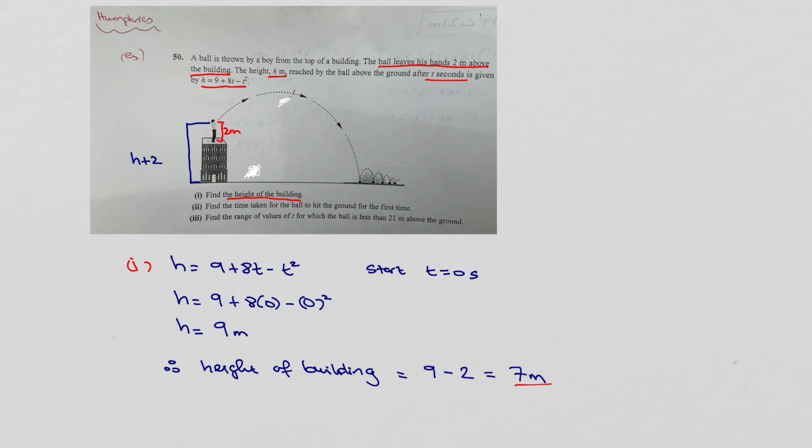H is the height of the ball above the ground, whereas in the first part of the question, we're looking for the height of the building. So in part 2, we're looking for the time taken for the ball to hit the ground for the first time, because obviously we can see it bounces and bounces and bounces. So we're only looking for the first time it hits the ground. So what do we know when it hits the ground?